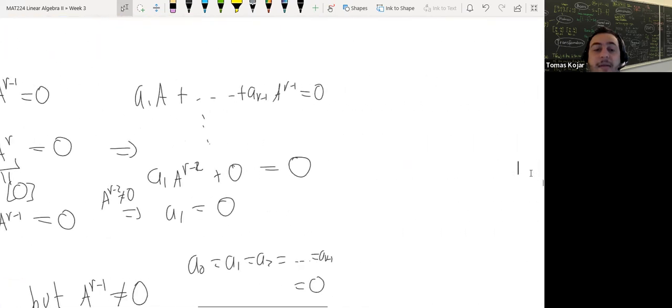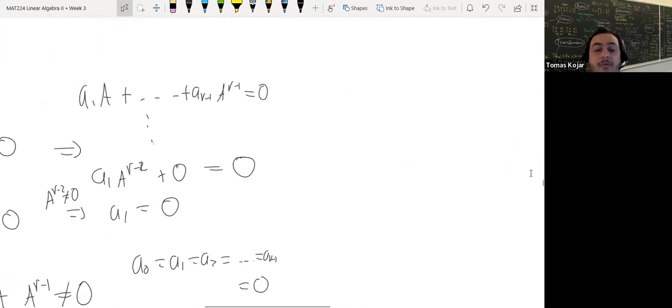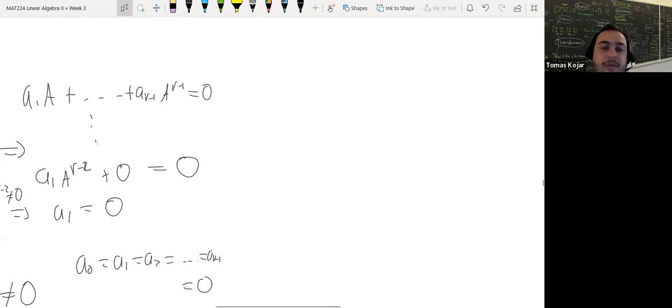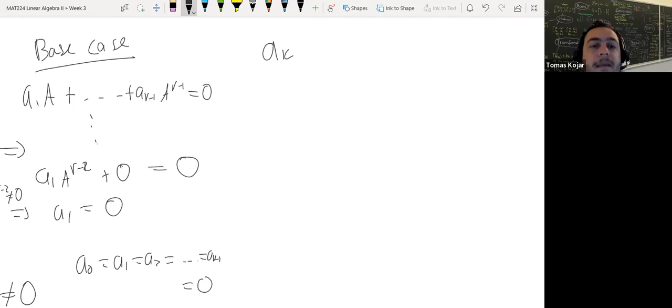I did it for a_1, and now you have to do it by induction. So now we have to do it for a_k, for general a_k. This is the base case. Now we do the inductive step. The inductive hypothesis is that a_k is 0.